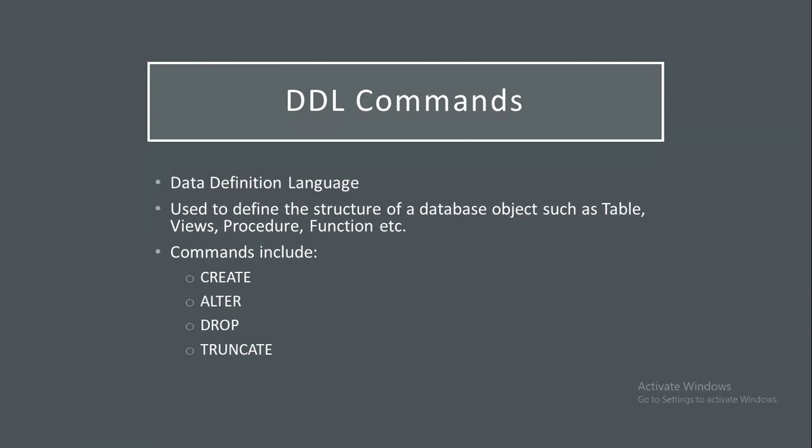Create is to create the table or the database. Alter is to modify the table structure, the table name or database name. Drop is to drop the table. Truncate is to delete the table permanently.